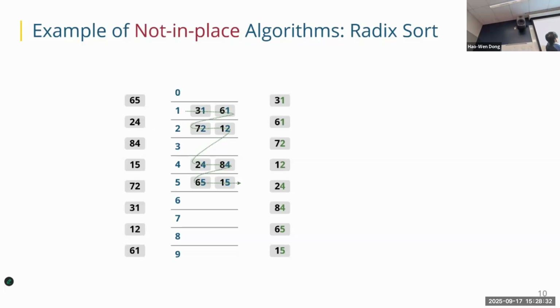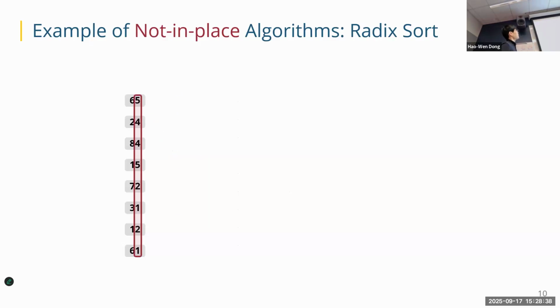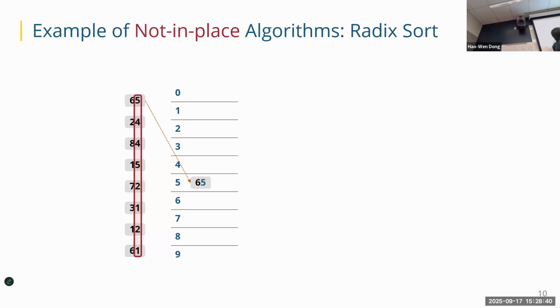You haven't sorted these yet, but now you just go through one by one. 65, you put it into the bucket of 5 because the last digit is 5. 24, you put it into bucket 4. 84, it's the same bucket, but it will be the last one because you haven't compared them yet. So you're not doing any comparison. You're just looking at the digit and putting them into different buckets.